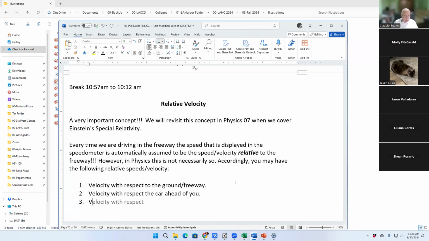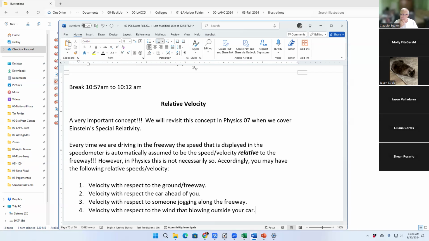But then let's say velocity with respect to a jogger, to someone jogging along the freeway, right? Can be the velocity, by the way, with respect to the wind that's blowing outside your car.